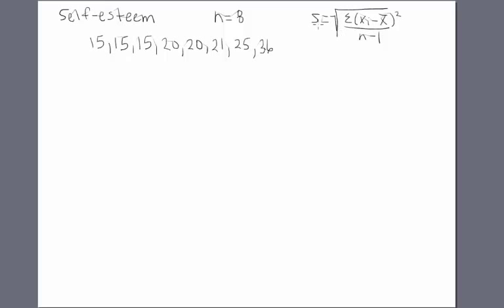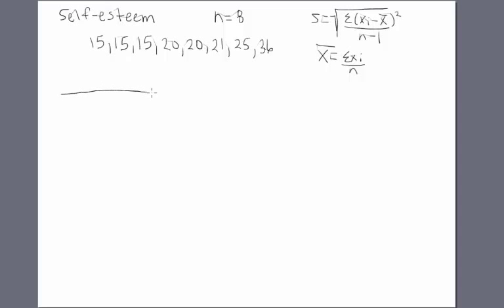So again, the formula for calculating sample standard deviation is the square root of the sum of the quantity x sub i minus x bar squared over n minus 1. Now, we also want to calculate the sample mean, which will be equal to the sum of the x sub i's over the sample size.